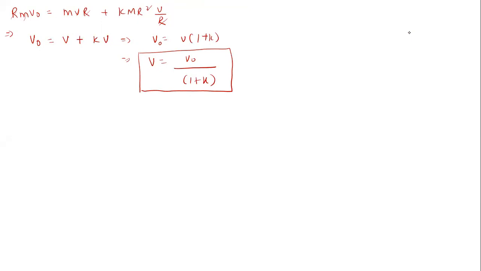Inside the plane is negative, so if all the sides are negative, we can directly cancel out the negative. Minus minus minus becomes plus only, no?